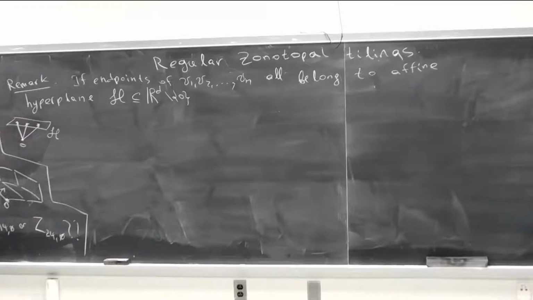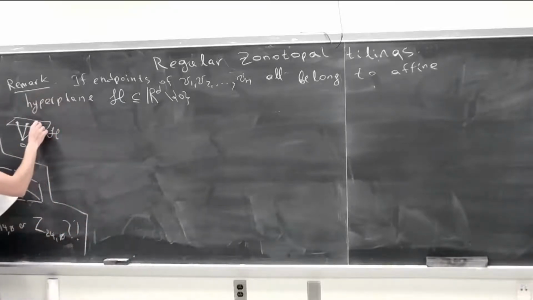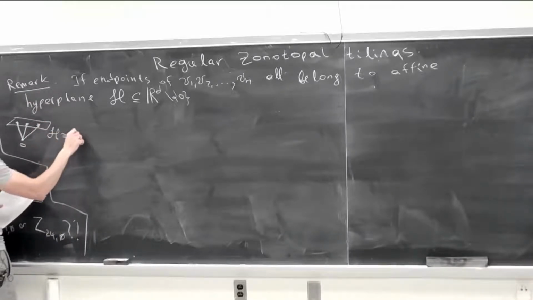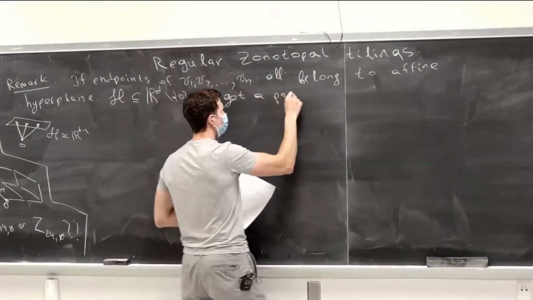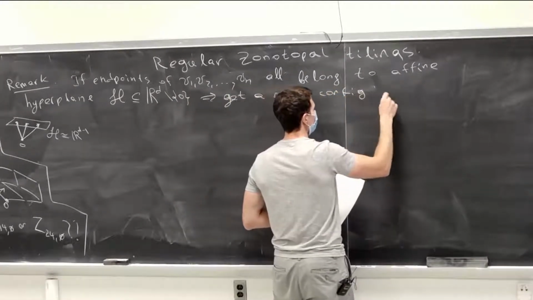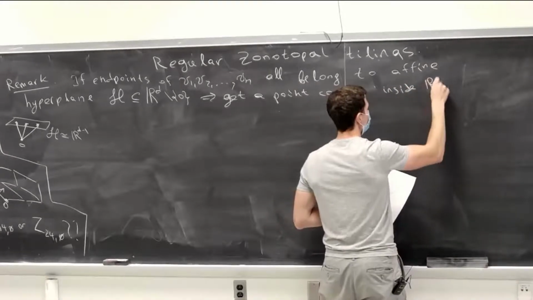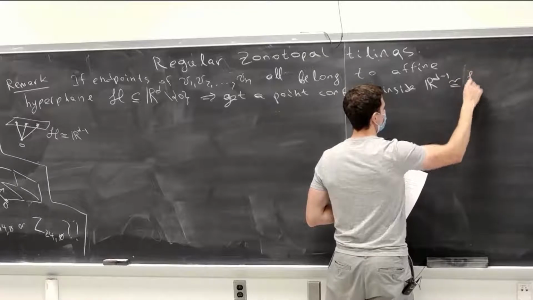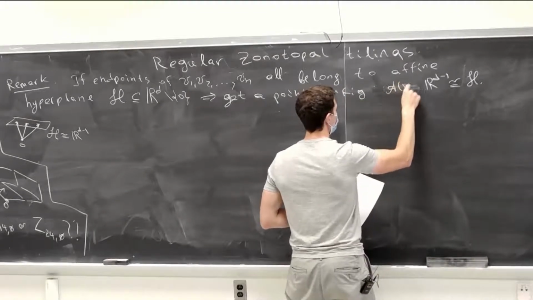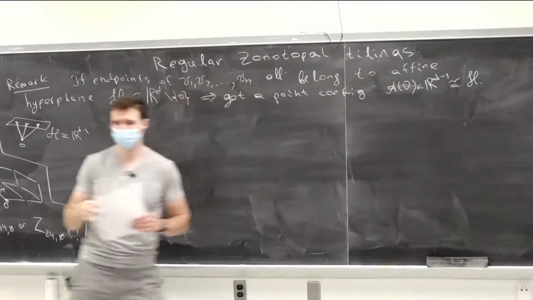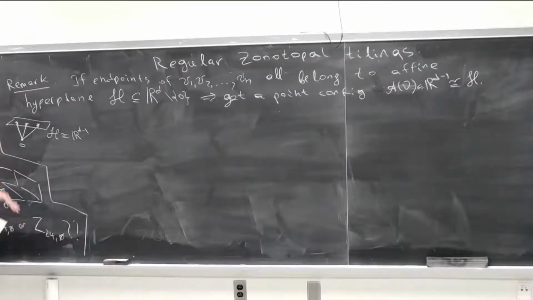Then the endpoints actually form a point configuration. H is basically R^(d-1), so you get a point configuration inside R^(d-1), which I'm identifying with H. And let me denote it by A. And vice versa, if you have a point configuration, you can embed it in one higher dimensional space, add the origin, and you get a vector configuration.